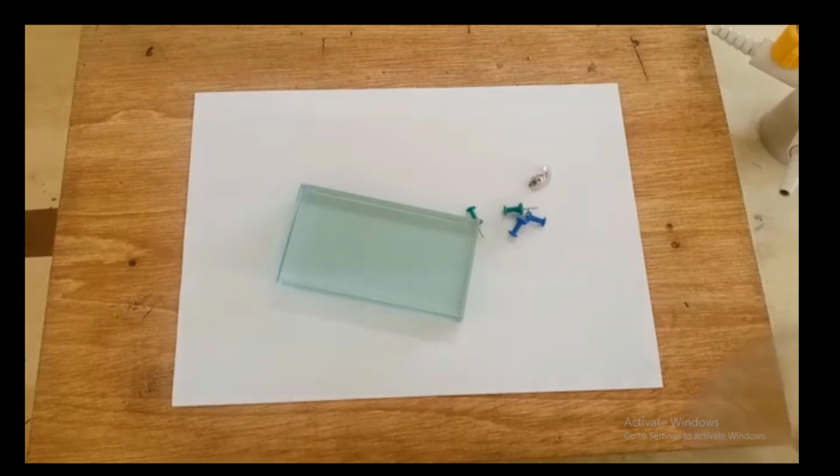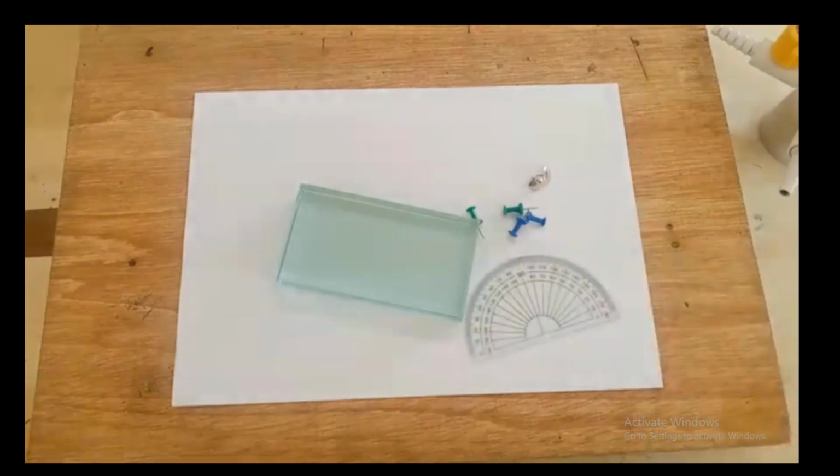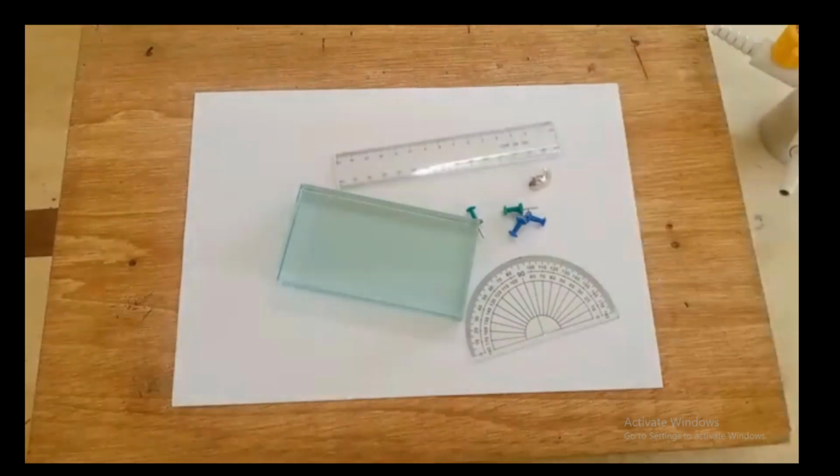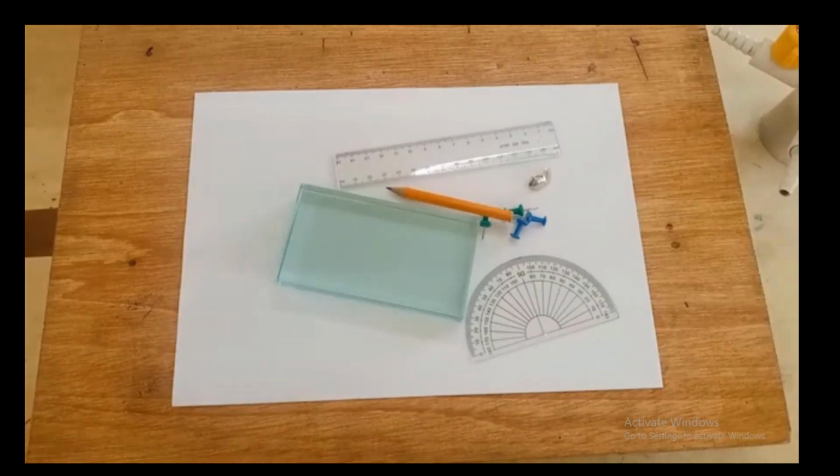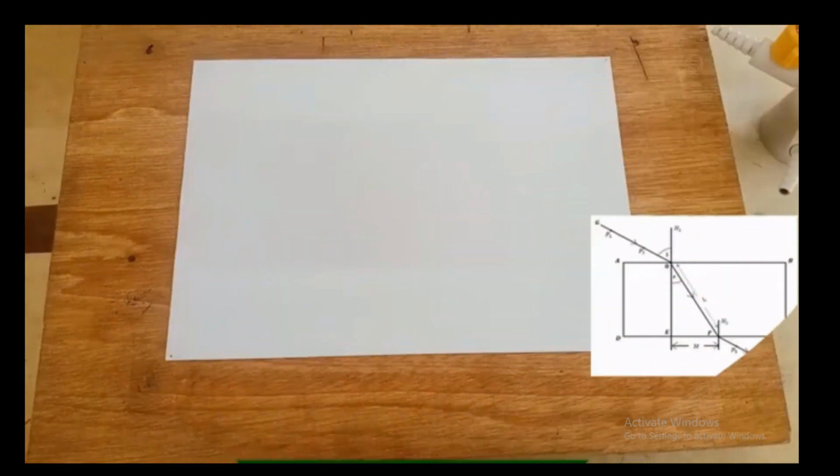Now let's start the practical. Now we are going to need a protractor as well, and a ruler and a pencil. So that's good. Now let's dive in and start the practical.